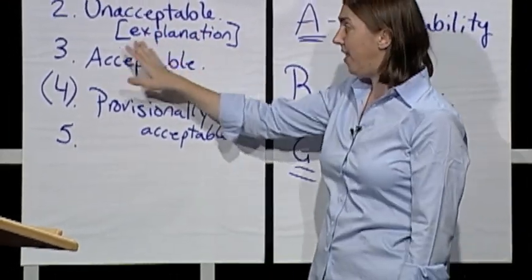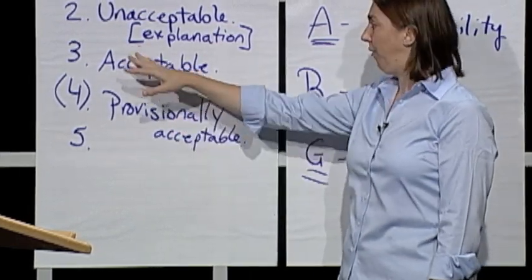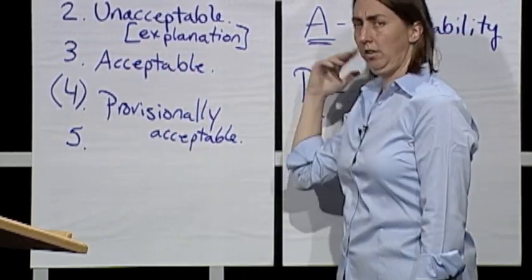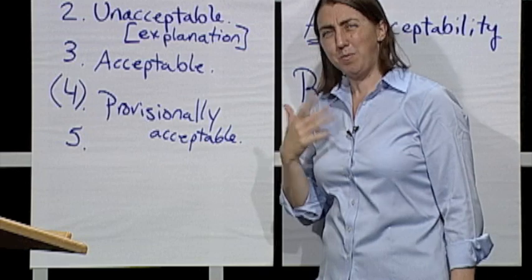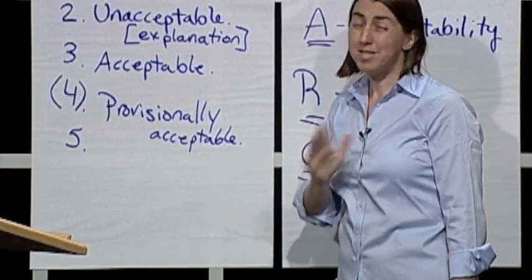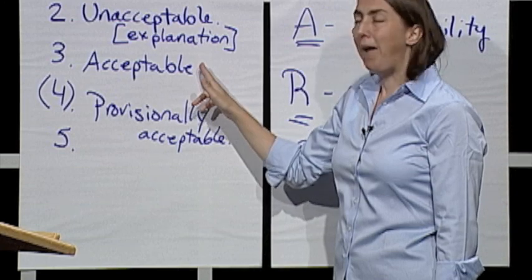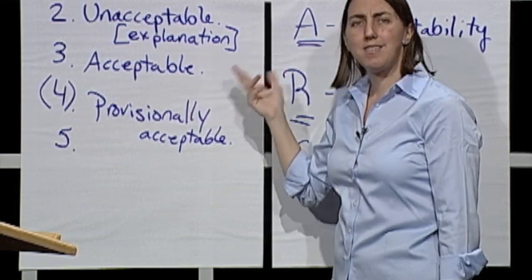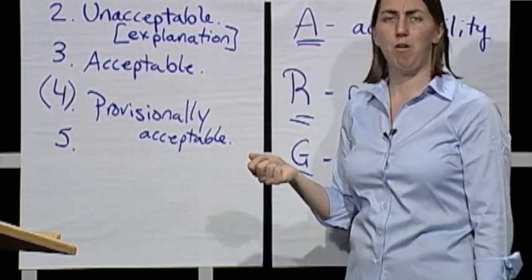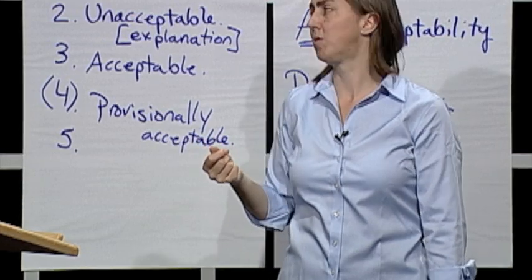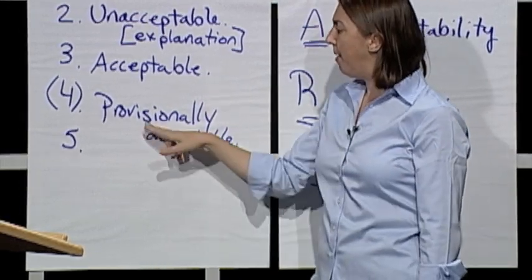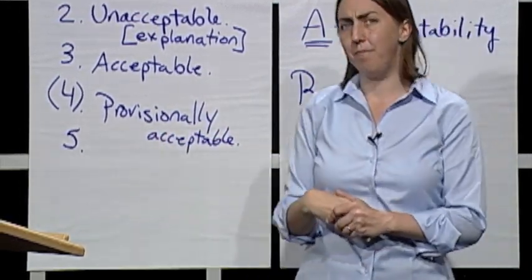Now, keep in mind, the explanation is crucial here. If you say this is acceptable because my mom says it is, that's probably not a great reason to accept a premise, depending on what the premise is and depending who your mom is. You have to back your judgment up. I usually say to students, like 2 or 3 steps beyond what you think is reasonable before philosophers will consider it to be substantial. But here's the 3rd option.